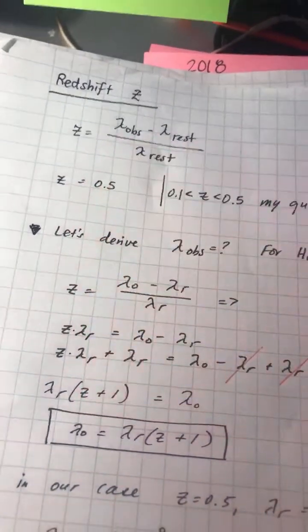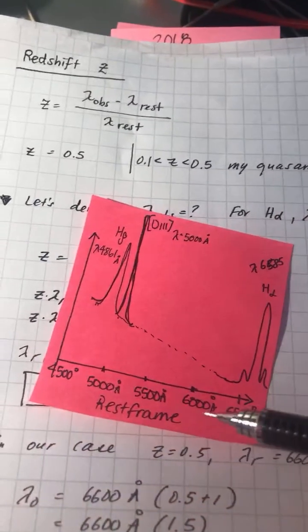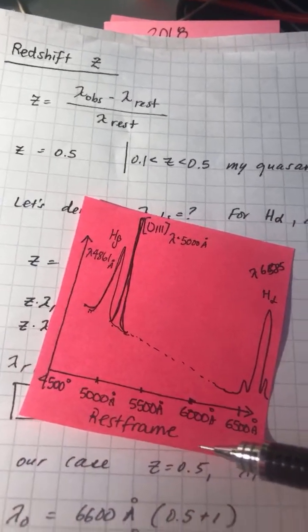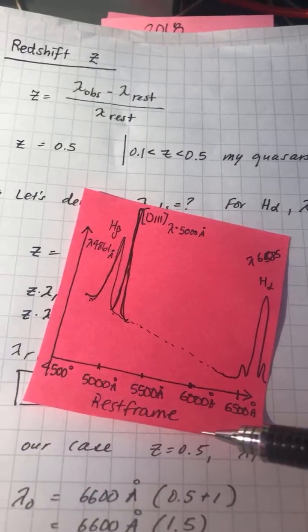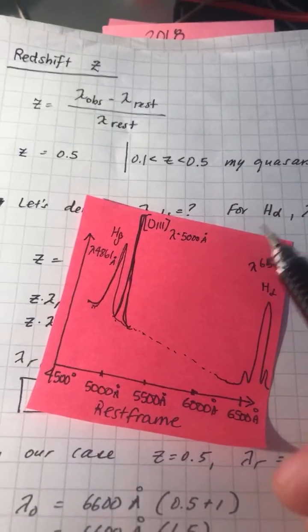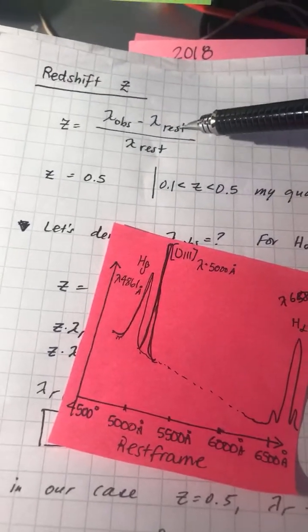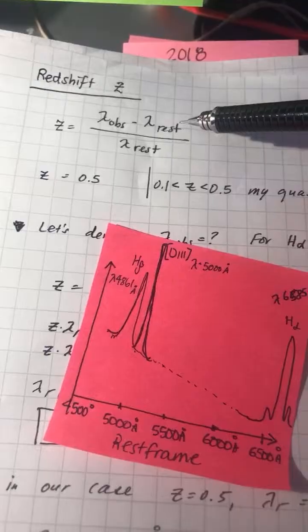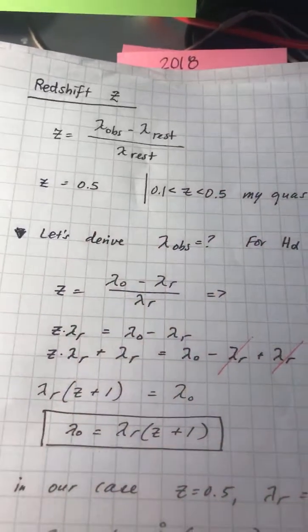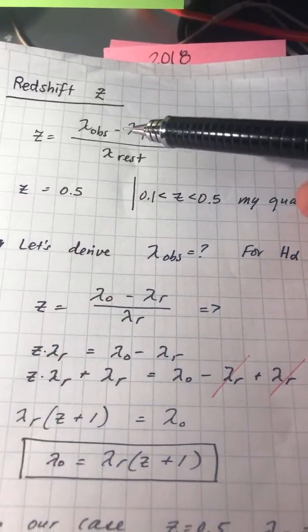Then at its rest frame, it is emitted from that object at z wavelengths. However, it is observed at a different wavelength, and we have to calculate to understand how far is the object. It's one way to measure the distance.